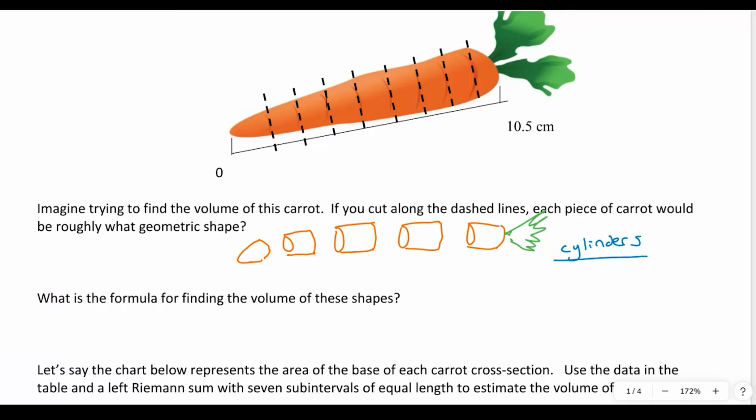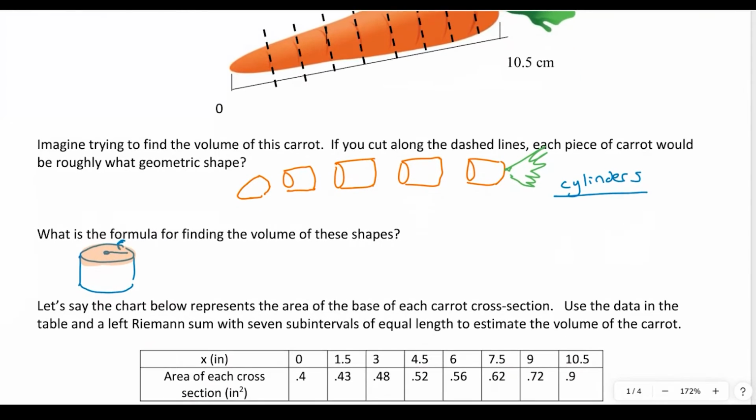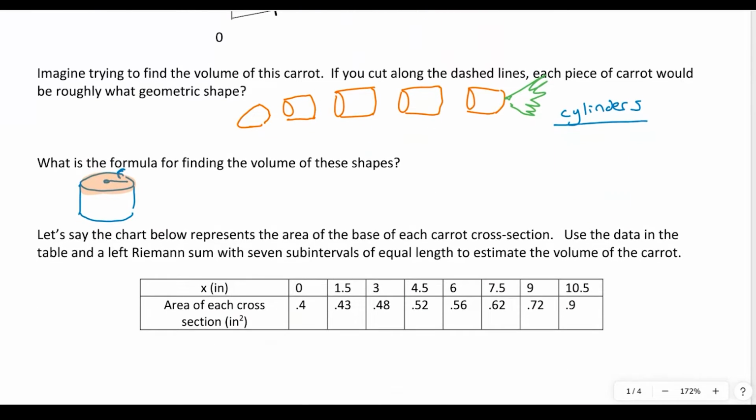So when you have a cylinder, you've got a radius, call that R. You've got this base area, which you'll find given the radius. And you've got the height, which I really hesitate to call the height, but it's the distance between the bases.